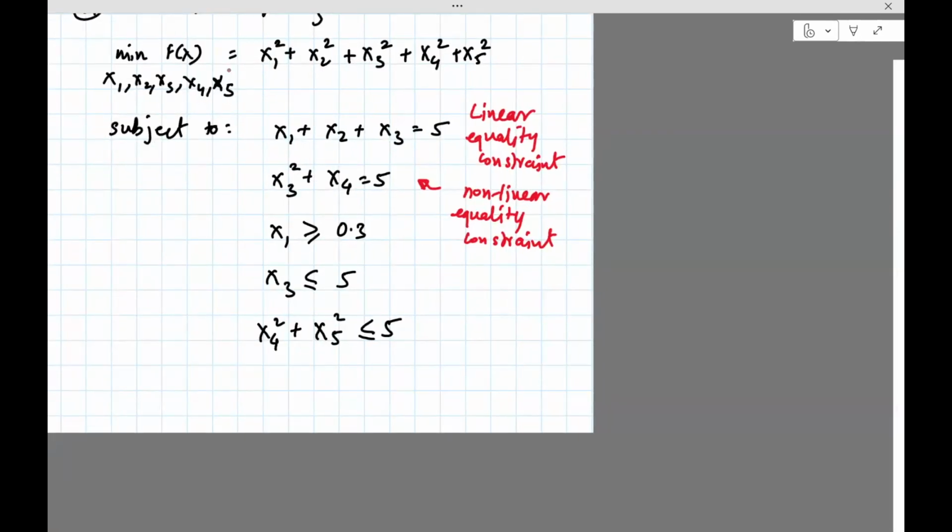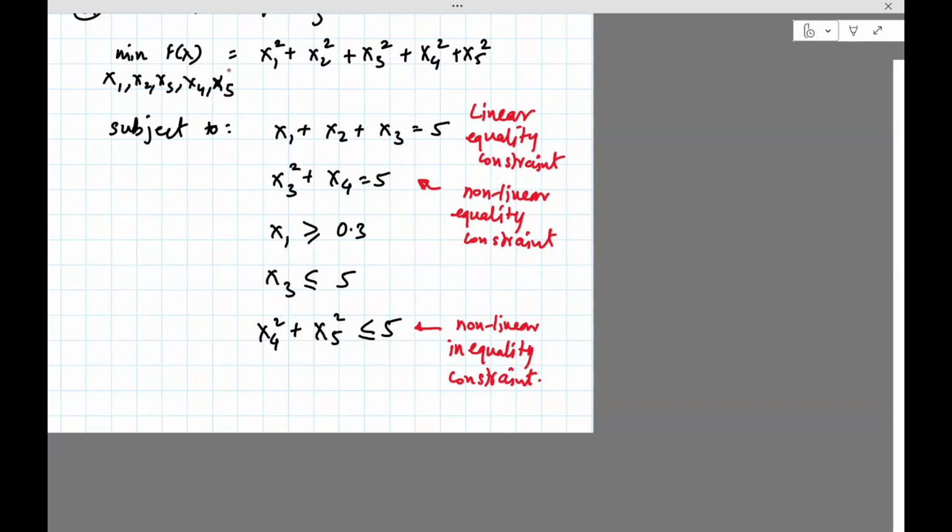Here we have a non-linear inequality constraint. Non-linear because you have x4 square and x5 square, and inequality because there's a less than.